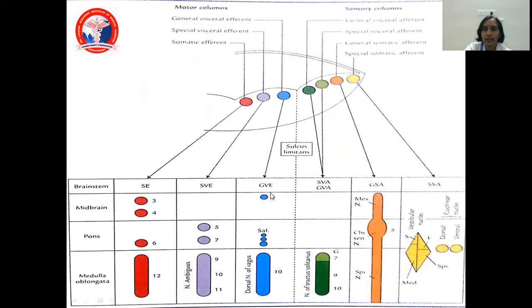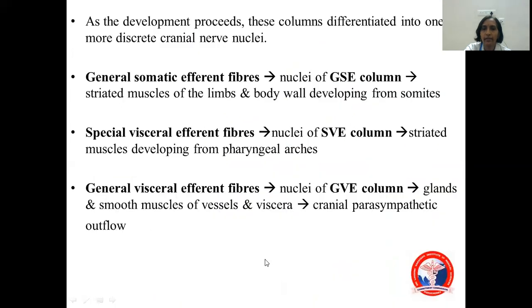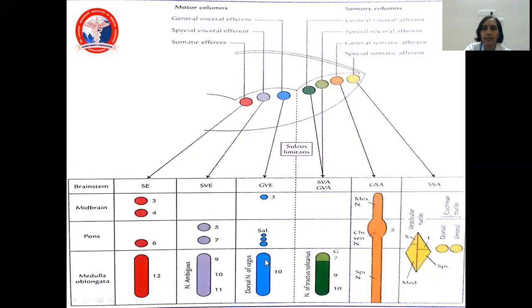The general visceral efferent parasympathetic fibers are arising from the Edinger-Westphal nucleus in the midbrain, the lacrimatory nucleus, and the superior and inferior salivatory nucleus in the pons, and dorsal nucleus of vagus for the 10th cranial nerve from the medulla oblongata.